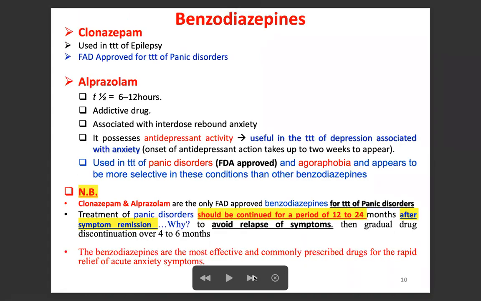Clonazepam is used in the treatment of epilepsy, and it is also approved by the FDA for the management and treatment of panic disorders. Alprazolam has a half-life of about 6 to 12 hours. It is also an addictive drug.